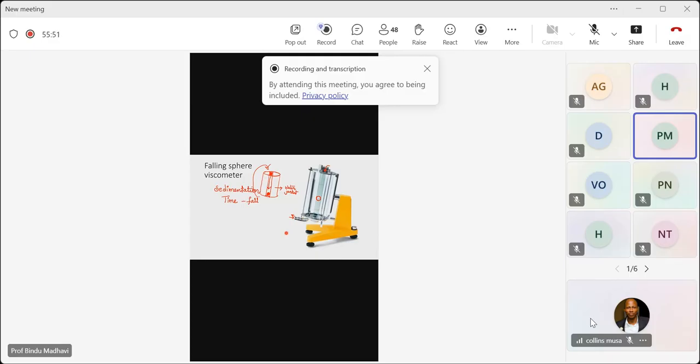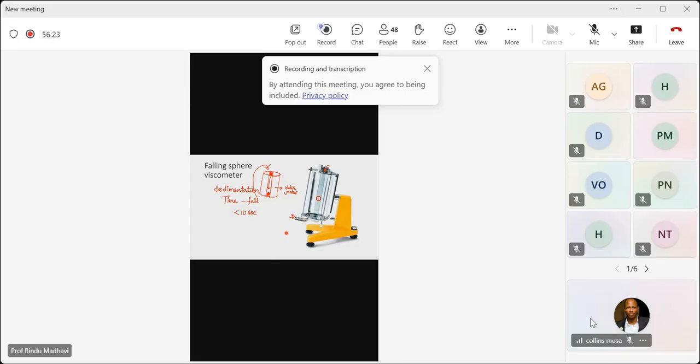limitations. So the limitations are, suppose the ball is falling down very fast. If the ball is taking less than 10 seconds time, then the results that you are going to get are not reliable. So that is the reason we use only those liquids which will take a minimum of 10 seconds to fall down.